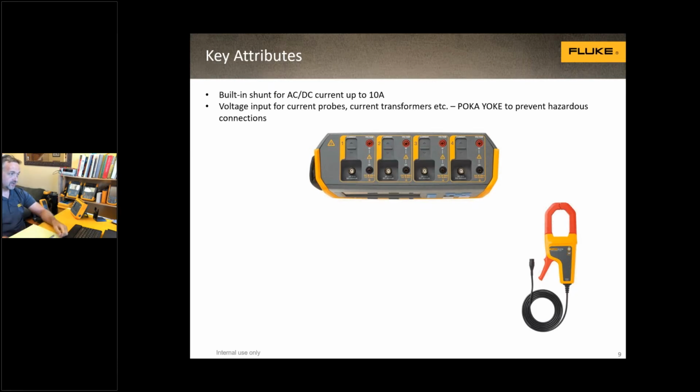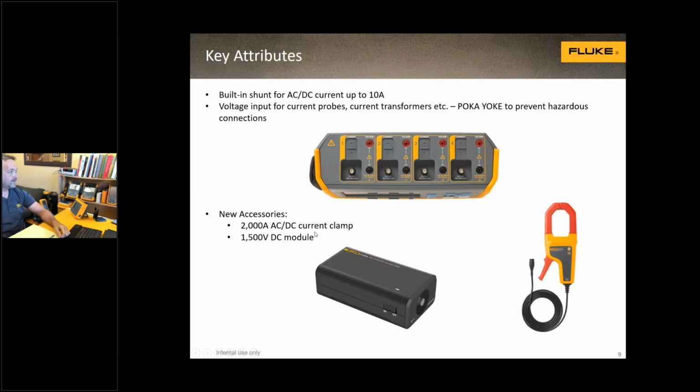We also have a high accuracy ACDC clamp that goes up to 2000 amps that can be used with the Norma series, pictured here, which has a larger jaw design. If you're working on a DC system, sometimes you need larger jaw dimensions, especially in the transportation industry. The other thing we have is a differential probe option.